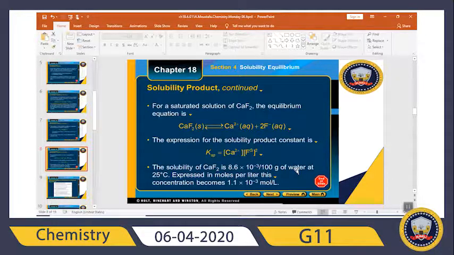At a given temperature, which is room temperature, 25 Celsius, expressed in moles per liter, this concentration becomes 1.1 times 10 to the power of minus 3 moles per liter. How can we change these grams per 100 grams of water to moles per liter?